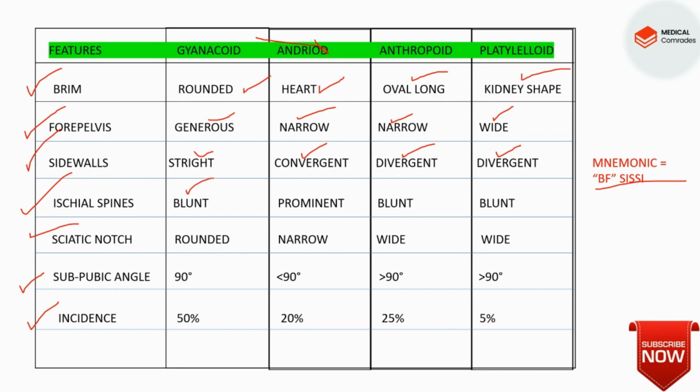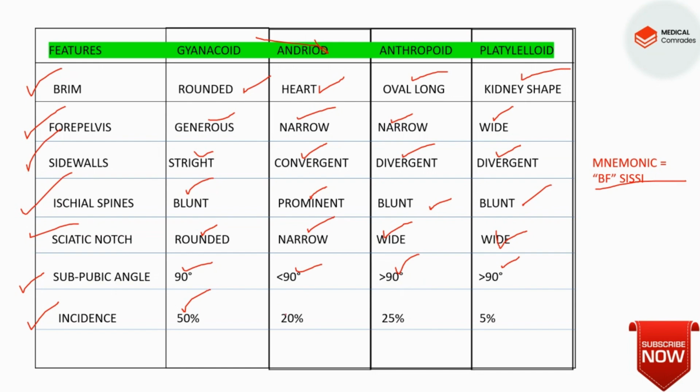Ischial spines are blunt in gynecoid, prominent in android, and blunt in both others. Sciatic notch is rounded in gynecoid, narrow in android, wide in anthropoid, and also wide in platypelloid. Subpubic angle is 90° in gynecoid, less than 90° in android, more than 90° in anthropoid, and more than 90° in platypelloid.